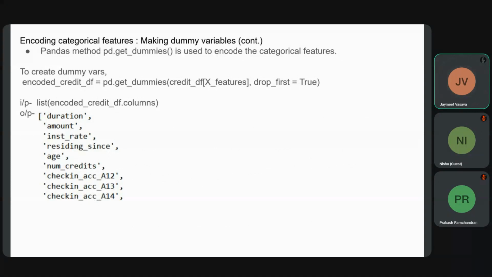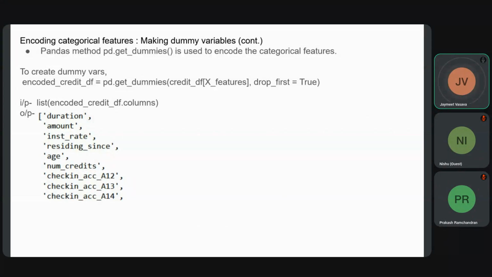For encoding categorical features, we'll be using the pandas get dummies function. The pd get dummies will be used on the features that we have created, and then it will be stored into the encoded credit DF.